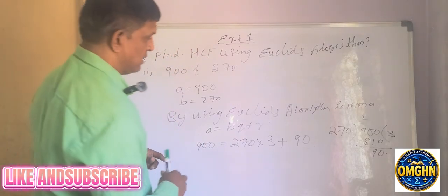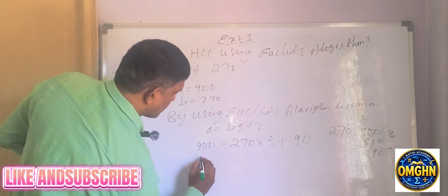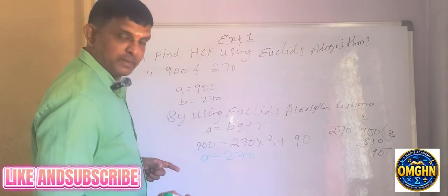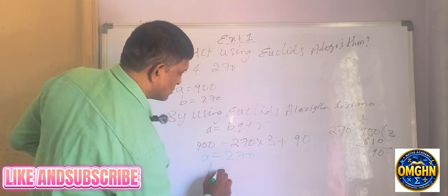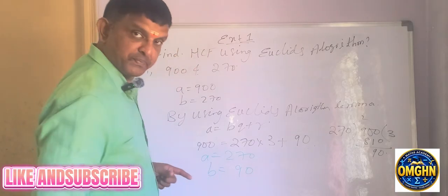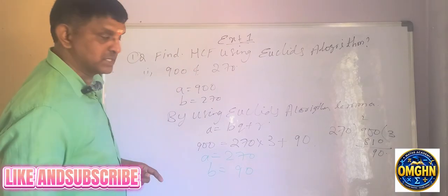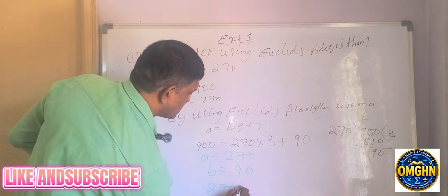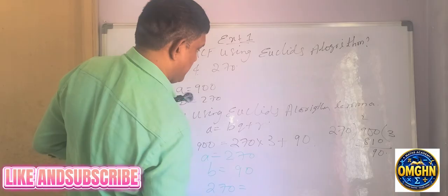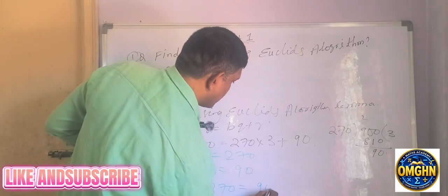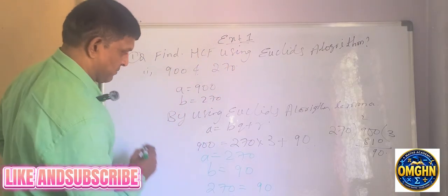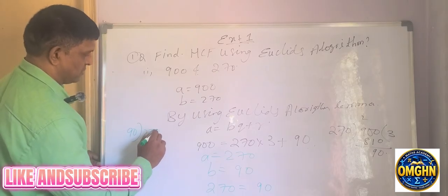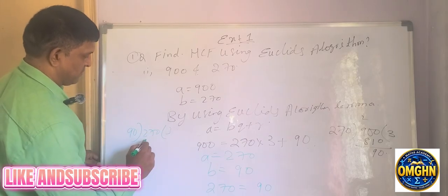Again, here the bigger number A is equal to 270, B is equal to 90. Now applying the same formula, 270 equal to 90 into 3 plus 0. Again we divide, 90 divides 270 three times.